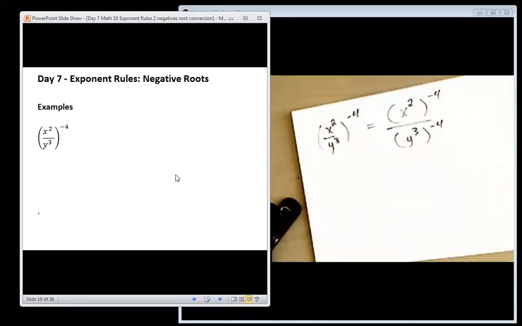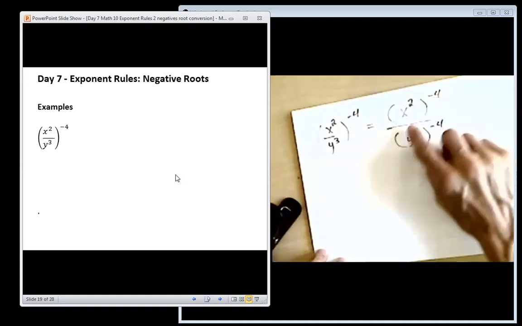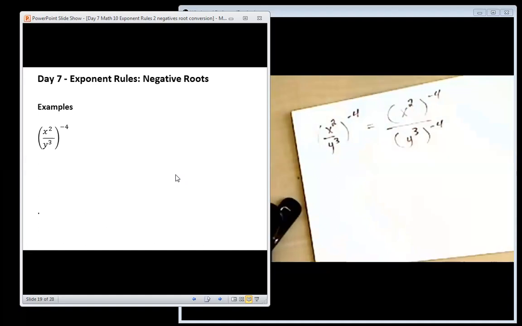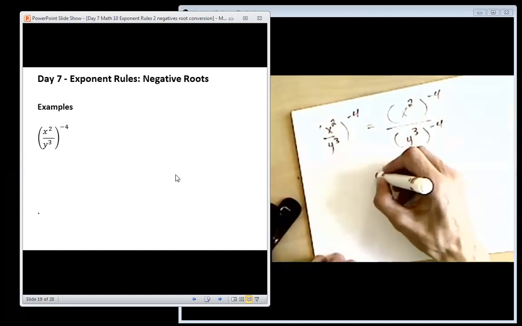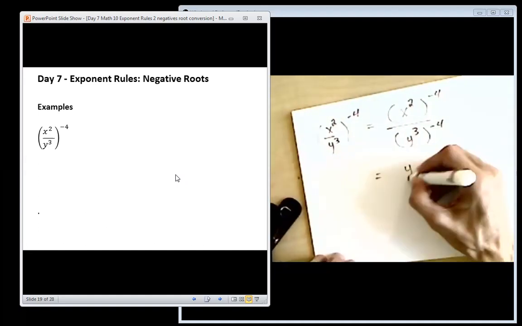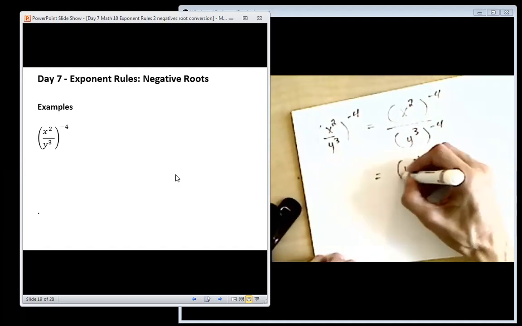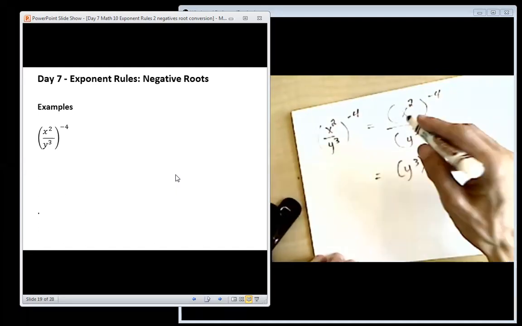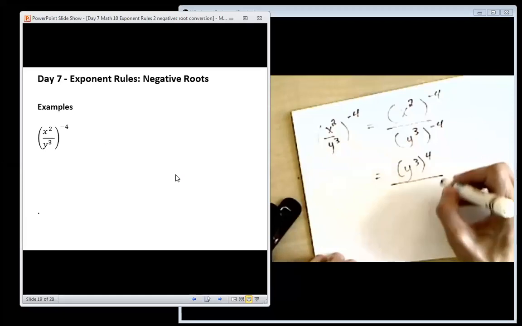Okay, what happens next? You could twist them, sure. This one goes down then, this one goes up, right? Okay, so we could do that. So the y cubed now will have a +4 because it's twisted or switched to the top.